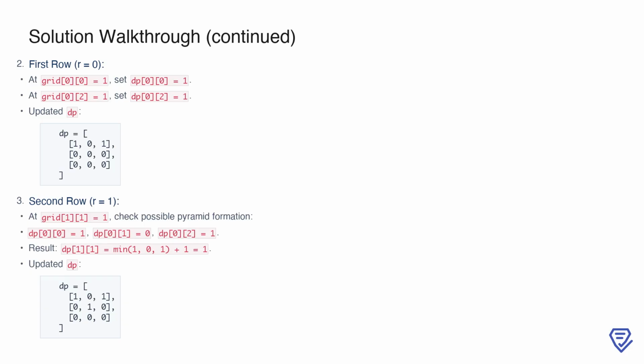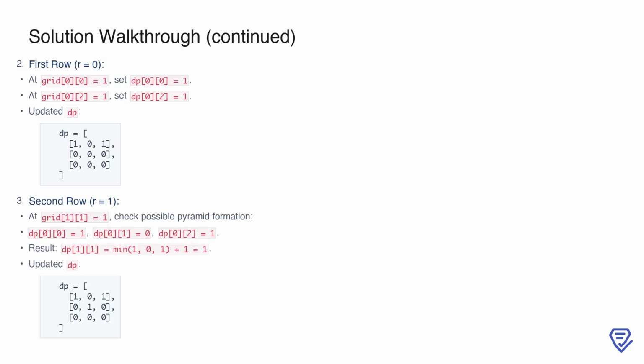Now, we process the first row of the grid. At cell 0,0, the value is 1, so we set dp[0][0] to 1, indicating the start of a possible pyramid. Similarly, at cell 0,2, the value is also 1, so we set dp[0][2] to 1. The updated DP table reflects these changes.